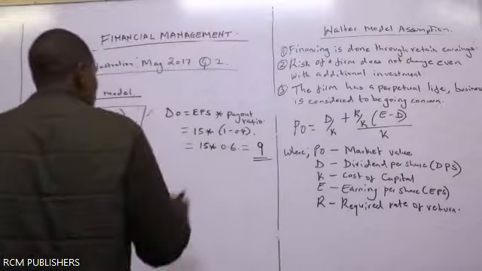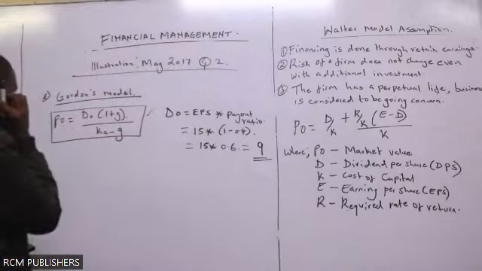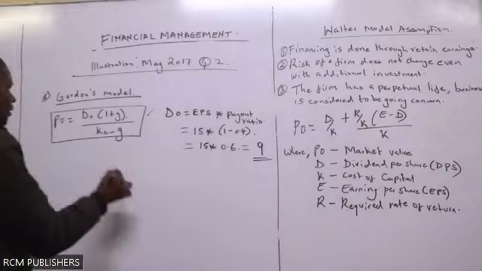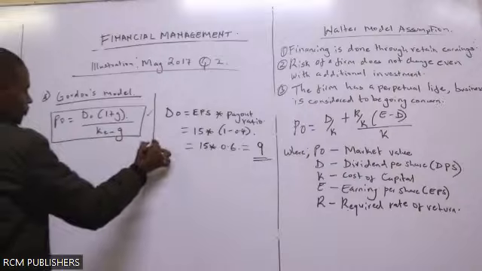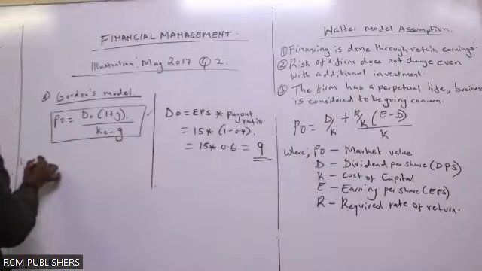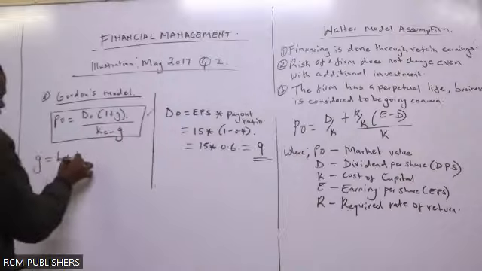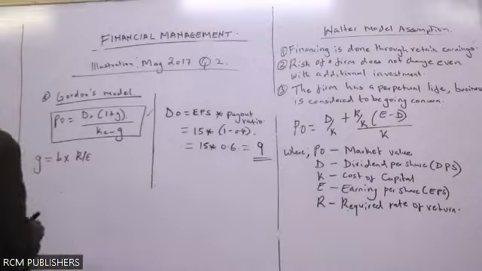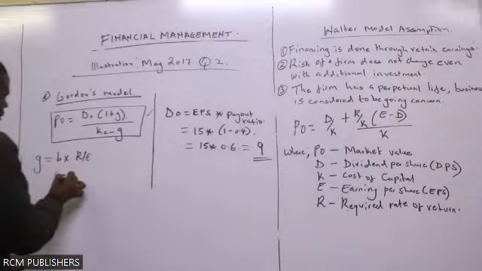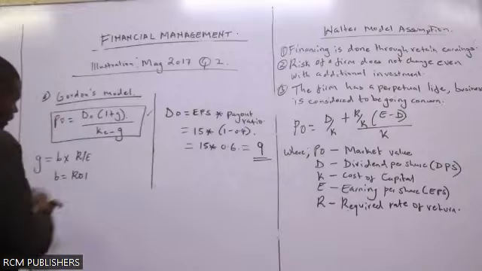Now I have to determine my G. G is equal to b times r, where b is the retention ratio and r is the ROI.